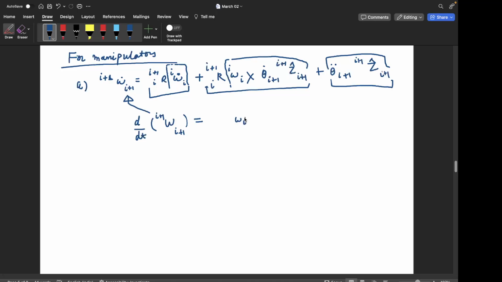And I'm just writing the same equation, the first equation which I wrote today. So differentiation of this gives the first term here, and differentiation of this term, this theta dot I plus 1, gives rise to both these terms.